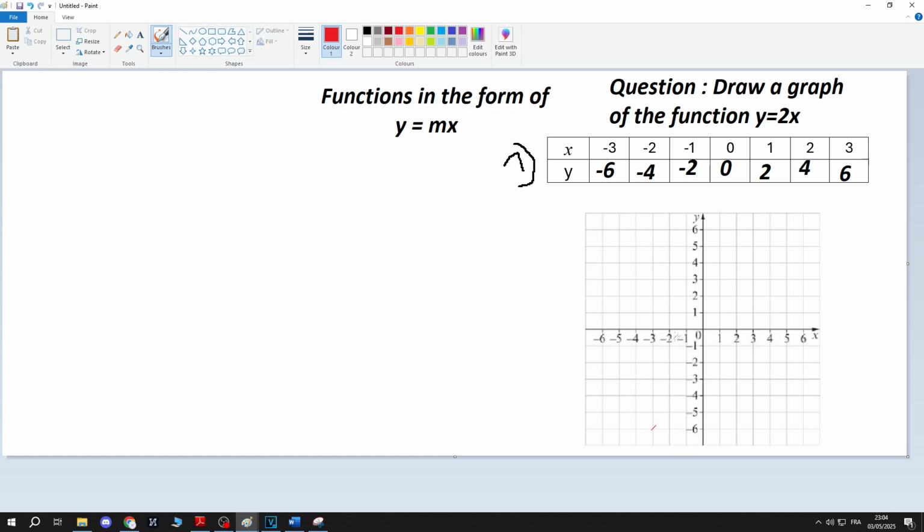When x is -2, y is -4, right here. When x is -1, y is -2, right here. Sorry about that. When x is 0, y is 0. And when x is 1, y is 2. When x is 2, y is 4. And when x is 3, y is 6.